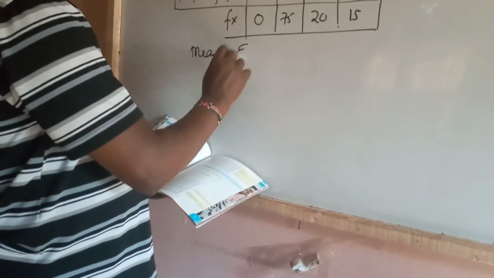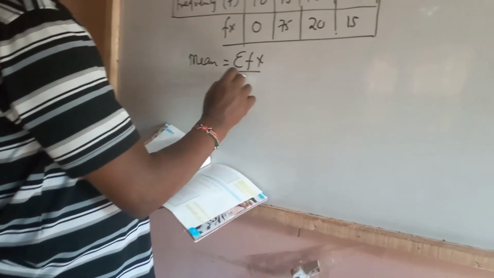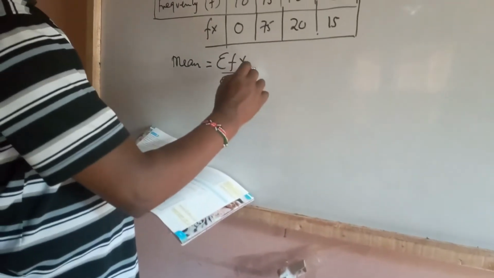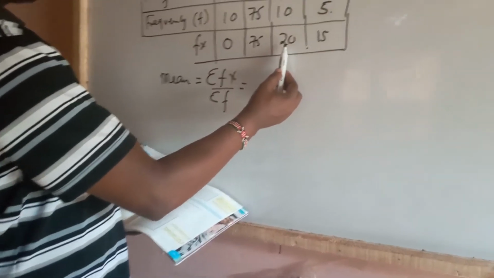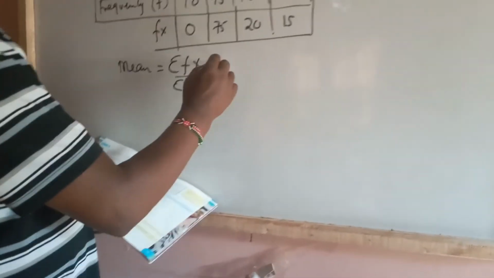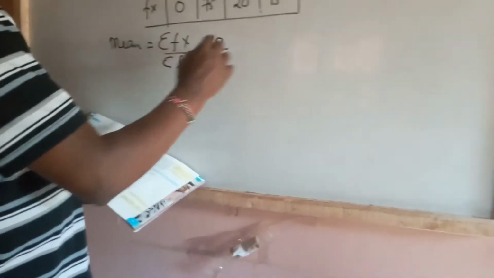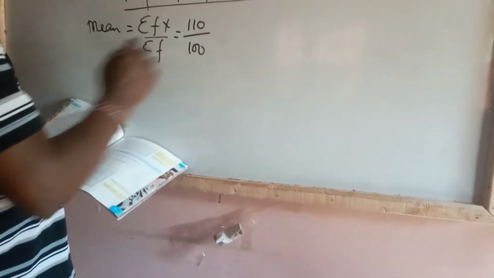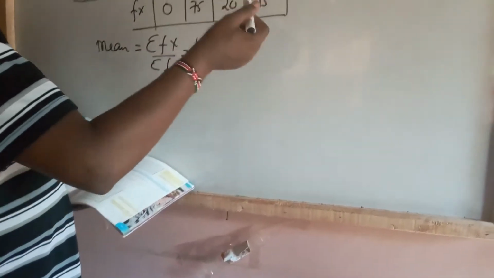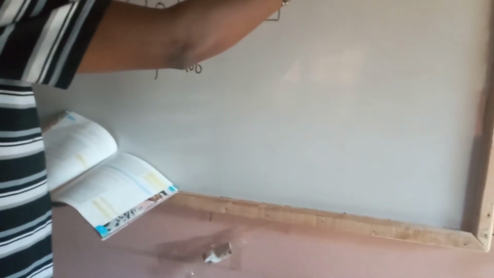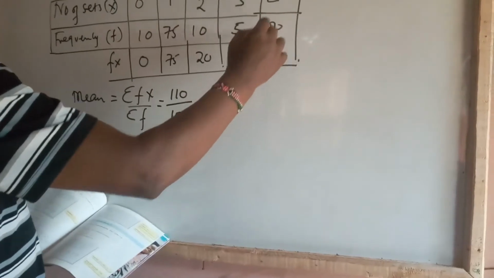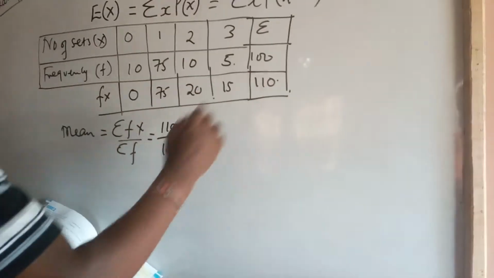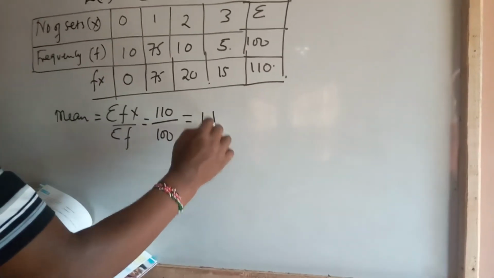So the mean is sigma fx over sigma f, which is 0 plus 75 plus 20, 95, plus 15, 110, all over 100 households. Because if you have a column of sigma here, you will have 100 and 110. So the mean is 1.1.